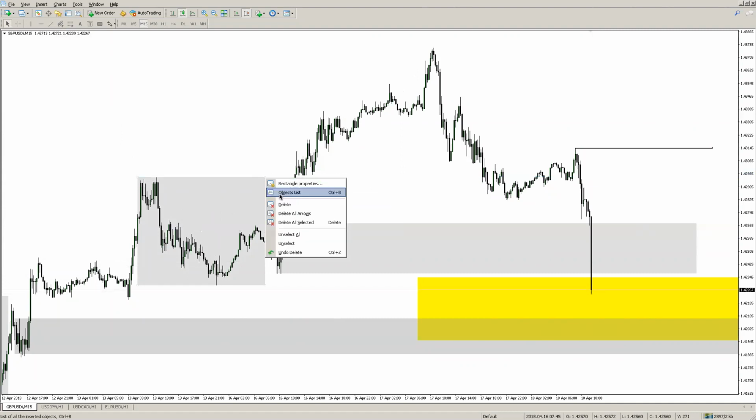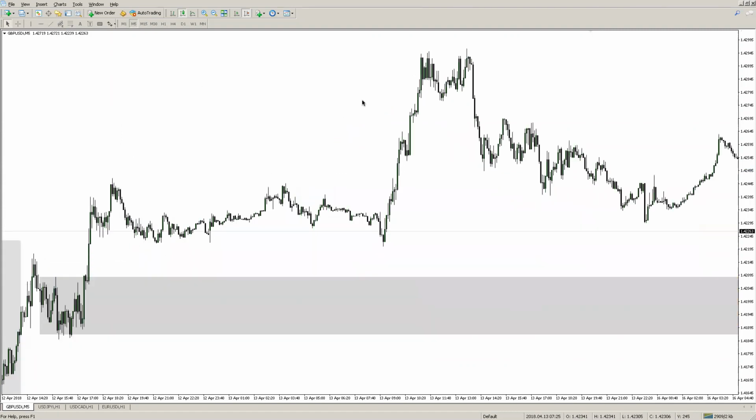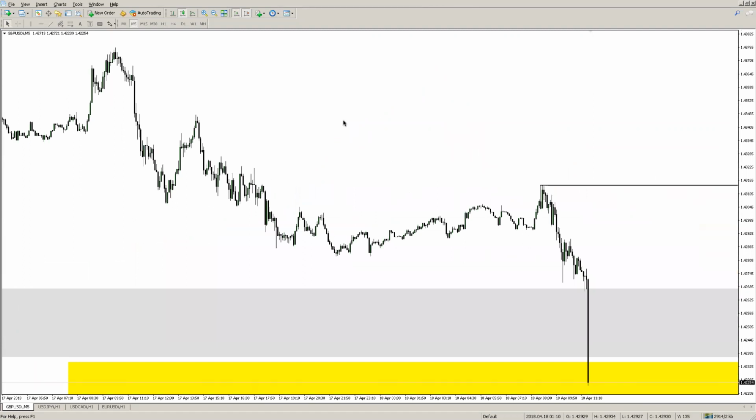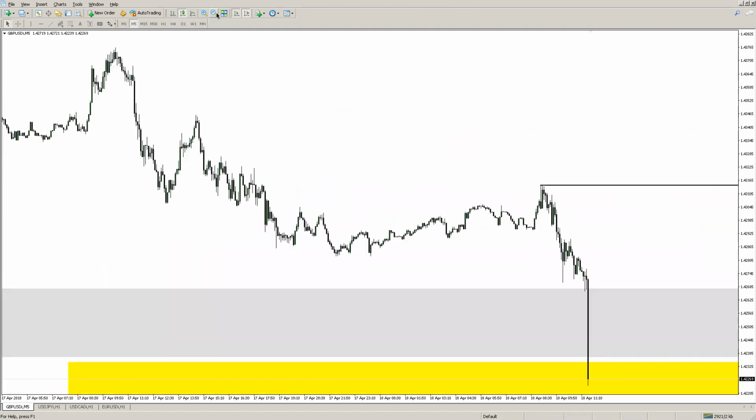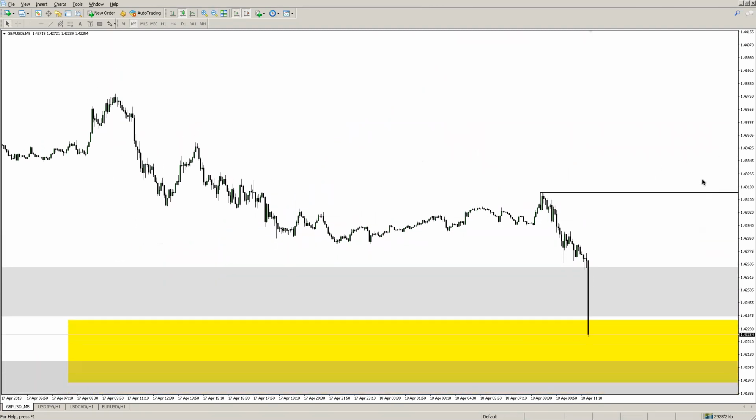All right, so we're getting a deep push. Let's drop down to a 5-minute, see what we get. Whoa, that's big. So keep in mind, we know what we're looking for. This is exactly why, too, I want to illustrate that I don't just enter as soon as it trades into the level.